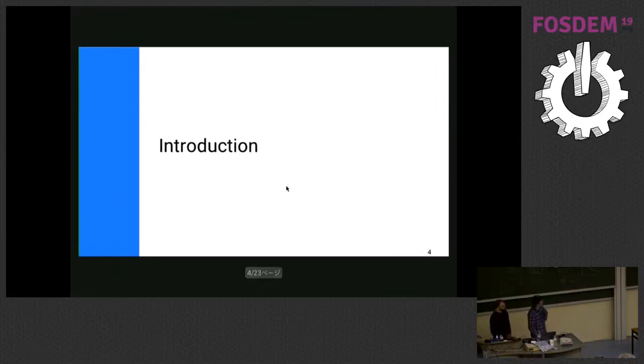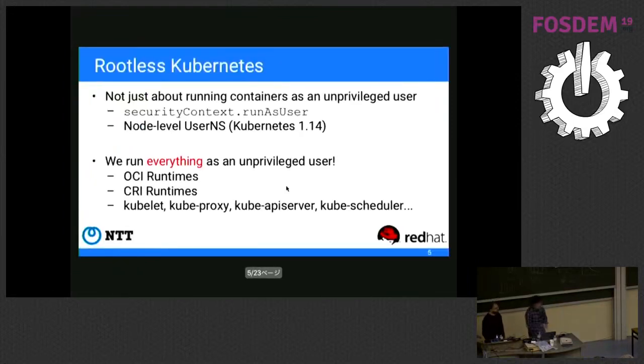So, the introduction to rootless Kubernetes. When we refer to rootless Kubernetes, we mean we run everything as an unprivileged user. It's not just about running containers as an unprivileged user. So please do not confuse it with securityContext.runAsUser, which just runs the container as an unprivileged user, or node-level user namespace, which is going to be added in Kubernetes 1.14.